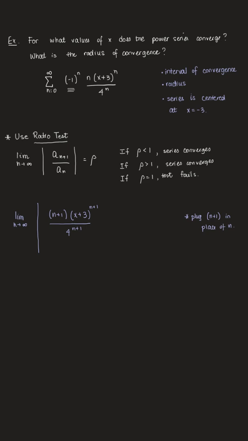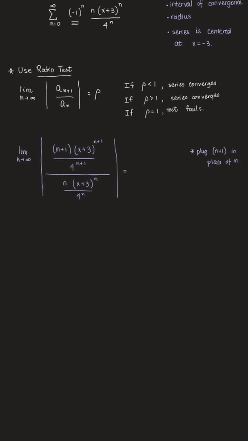That's my n plus first term, and the ratio test tells us we have to divide this by the nth term, which we already know what that looks like. It's n times x plus 3 to the nth power over 4 to the nth power. And I'm going to be working on simplifying this ratio. And then we'll take the limit at the end.